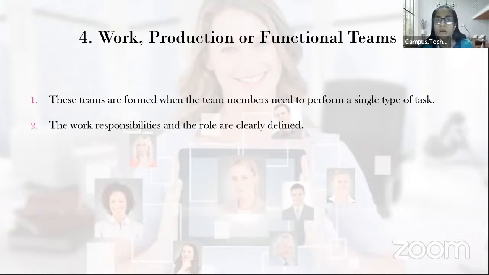Fourth is work, production, or functional team. These teams are formed when the team members need to perform a single type of task. Whenever the team has to perform a single, same type of task, one task, then for that purpose the work, production or functional teams are formed, and the work, responsibilities and roles are clearly defined.